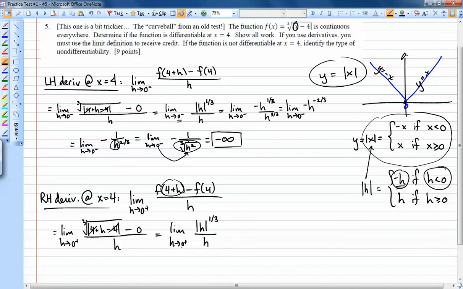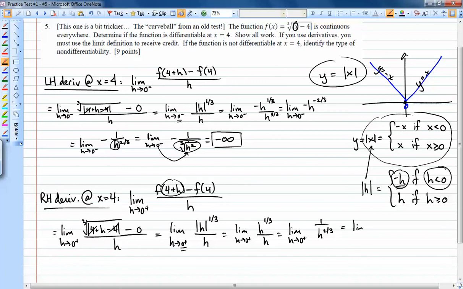And now h is a very tiny positive number. So in this, I can actually just say limit as h goes to 0 from the right. Since h is already positive, it doesn't matter if it's in absolute values or not. So then this turns into limit h goes to 0 from the right of 1 over h to the 2/3, which we can rewrite.